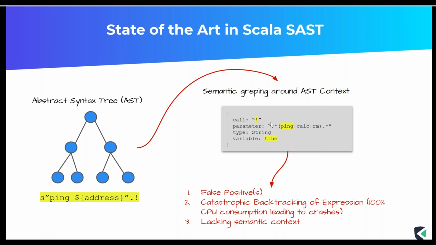And if your regular expression checking, which you're doing with grepping, is too complex, then it can cause a lot of backlog, because the expressions become huge and there would be a lot of CPU consumption. The third, which I already said, is lacking semantic context: in which context is this being executed? But it still works. It would give you some vulnerabilities, some are false positives. You can sort through them and you would be okay, fine, I get something out of it.